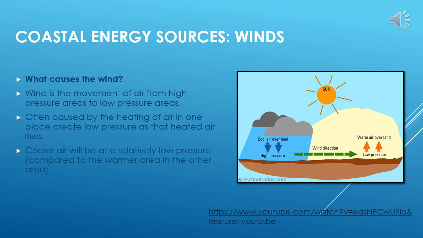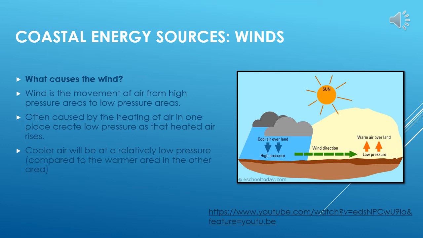So what we usually find is that the land heats up quicker than the sea. So the land usually has a low pressure over it. The sea has cold air over it, which is under high pressure, and the cold air from the sea moves on land to fill the low pressure void left by the hot air.